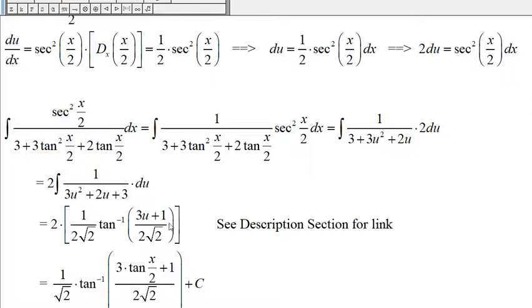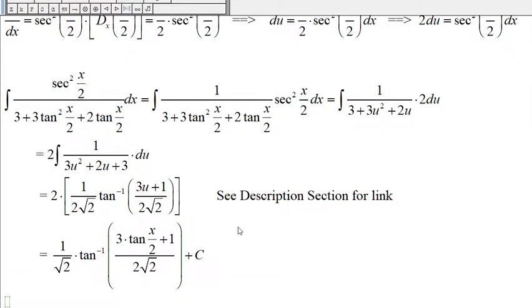For this video, see the description section for the link. U is tangent of x over 2. So this is the answer.